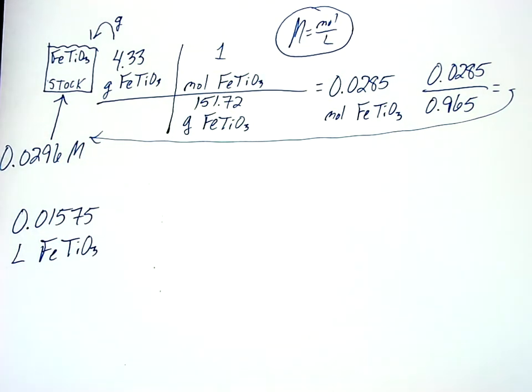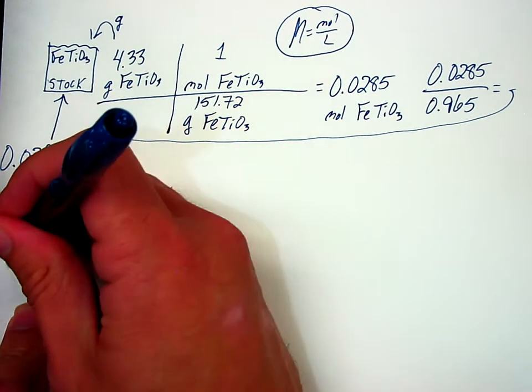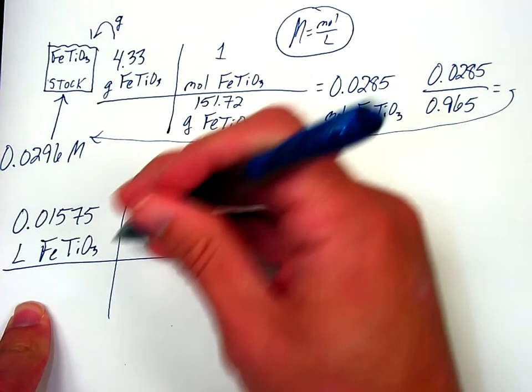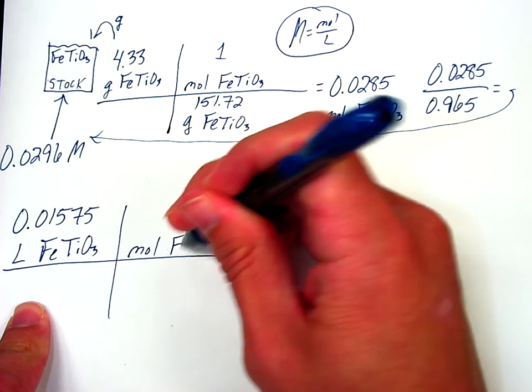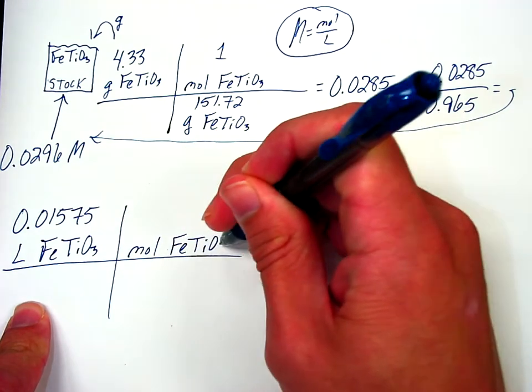So there's my starting value, and now we can start going through our titration process, where I can't start with liters. I need to start with moles as we analyze the reaction.